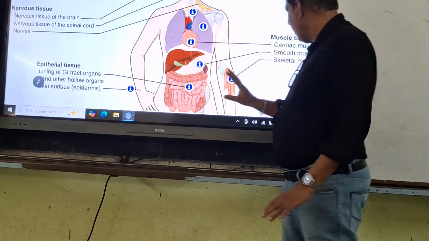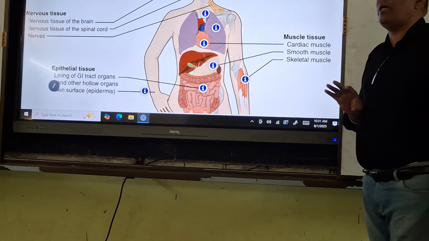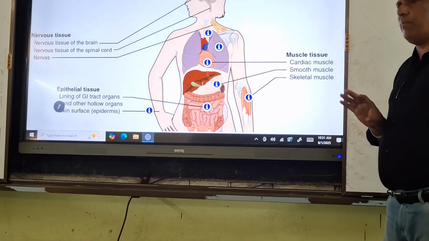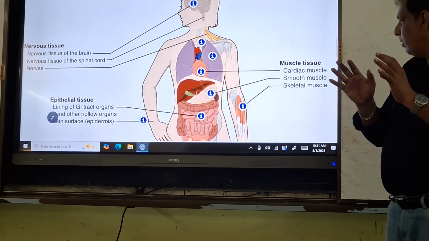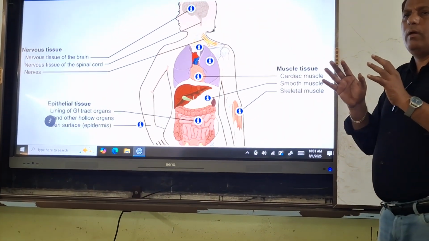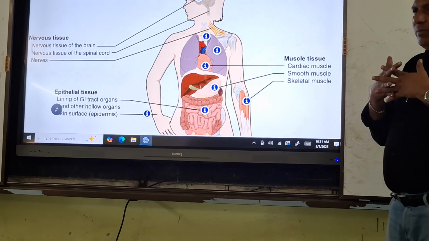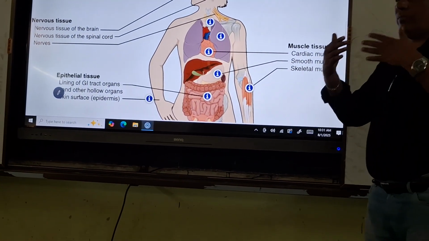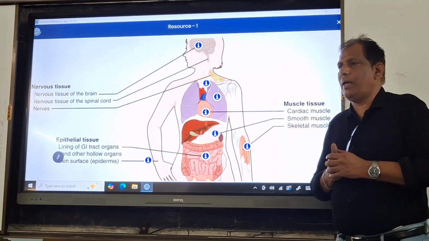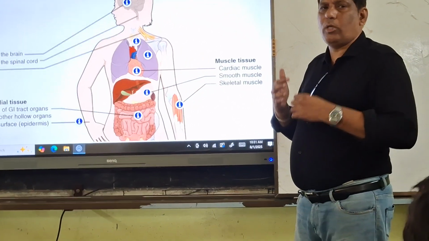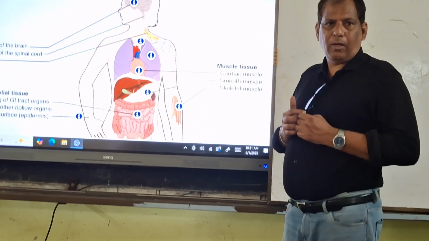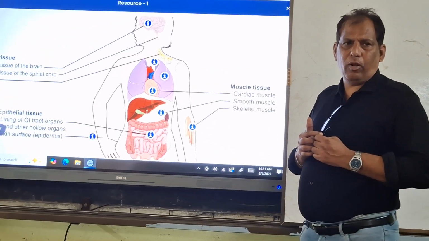As far as the functioning of the muscle tissue is concerned, precisely speaking, muscle tissue always connects to bones in order to make movements. Muscle tissues also give enough strength to the skeletal system, and support the body also. Are you following?